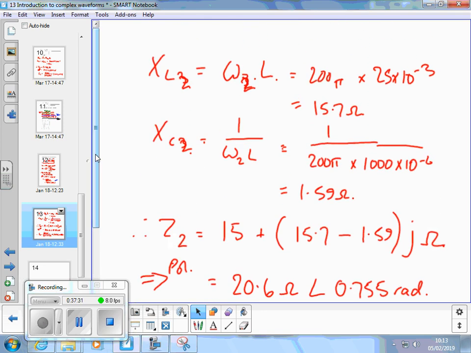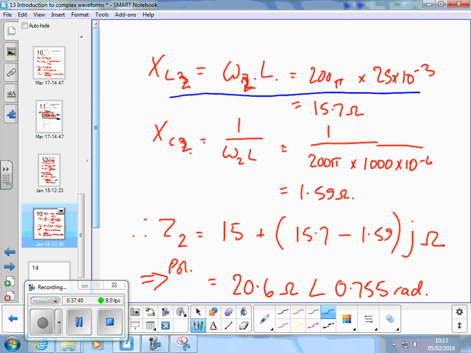So for the video, calculation of the second harmonic current, we find XL2 from omega 2 times L, 15.7 ohms. We find the capacitive reactance at the second harmonic frequency, 1 over omega 2 times the capacitance, 1.59 ohms.